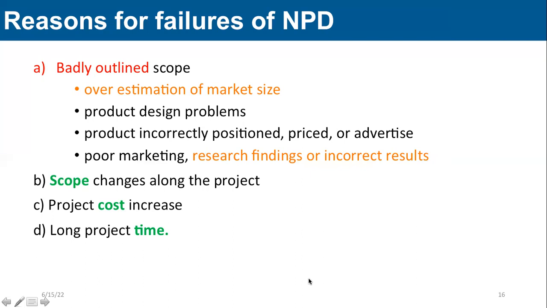Product incorrectly positioned, price, advertising, poor marketing research findings, or incorrect results. Sometimes we are using incorrect results, right? What happened to Sri Lanka? They also used incorrect results, financial results, central bank results. They have changed the results. Then all the decisions have been taken based on those incorrect results.